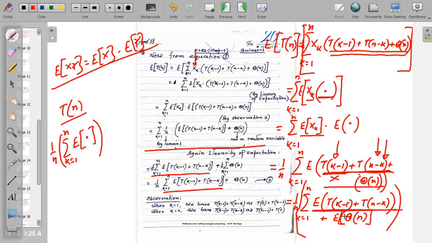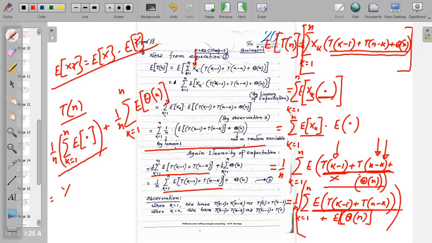Let us simplify this portion because this is the easy case. This is not a random variable, so this is the sum over k equals 1 to n of the expectation of theta n.